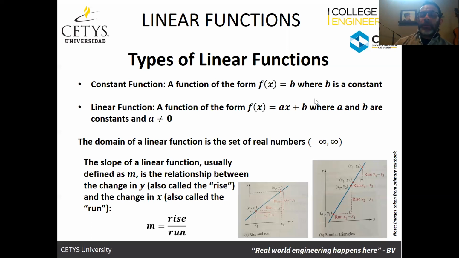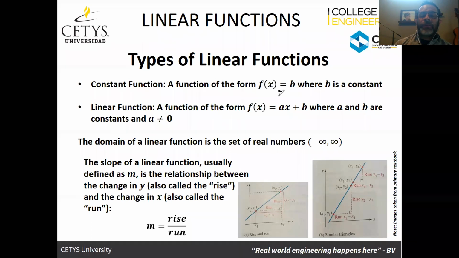So for example, if I have a function of the type f of x equals 3, then that's a type of linear function, because this linear function is a straight line, but it is a horizontal straight line.